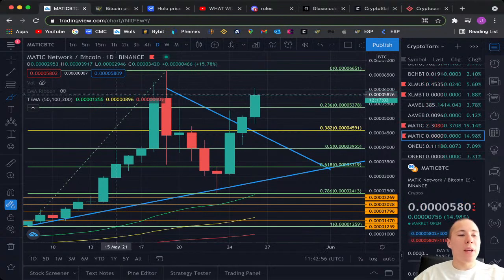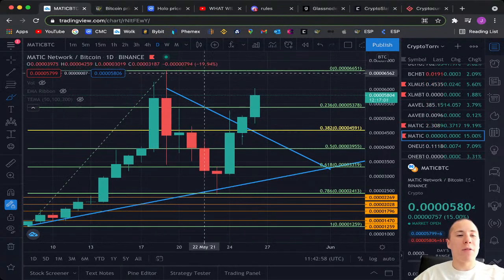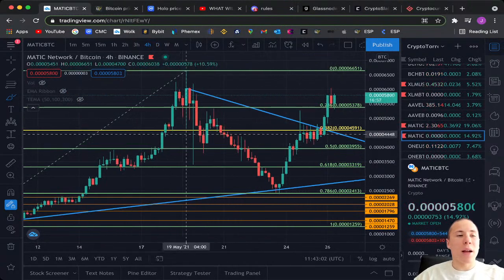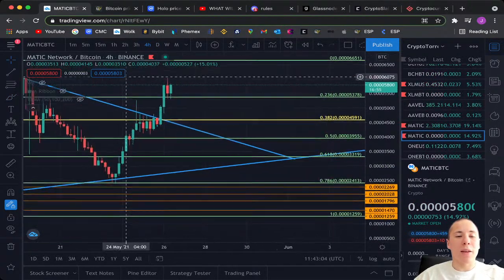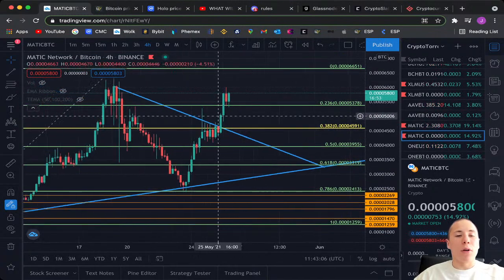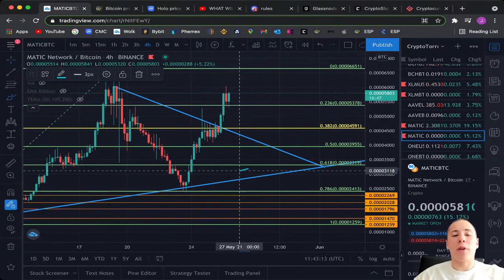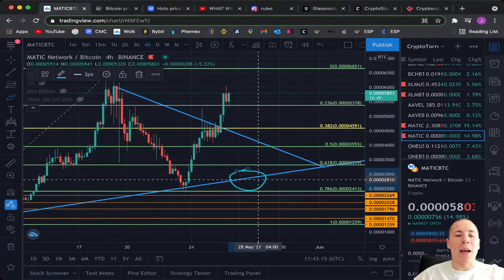And I will be disabling the moving averages. I will be heading towards the 4-hourly time frame, and you can see over here I personally was waiting for Matic to go once again below, retesting this upward sloping support line over here, and after that heading further up.